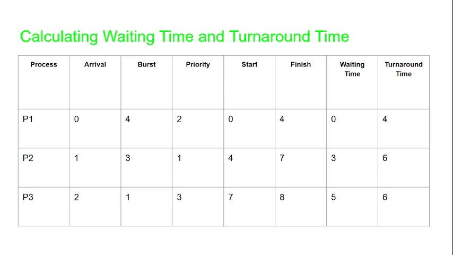That is the sum of all the values divided by the total number of processes. So you can calculate 0 plus 3 plus 5, that is 8, divided by 3, that is 2.67. And then the average turnaround time is 4 plus 6 plus 6, that is 16, divided by 3, which is 5.33.